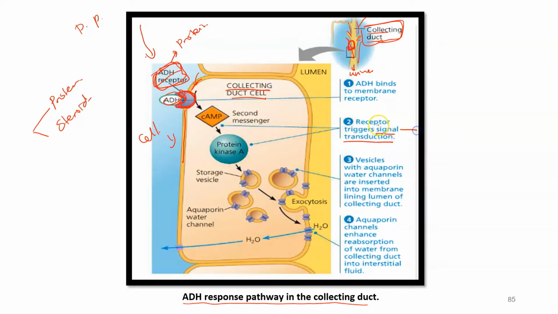We learned signal transduction last semester in chapter 3, which is plasma membrane transport. The plasma membrane has different proteins with different functions.